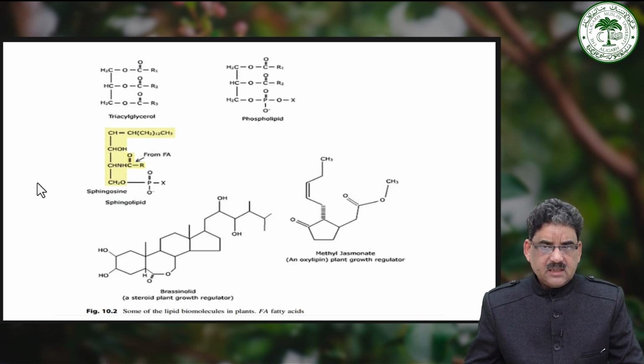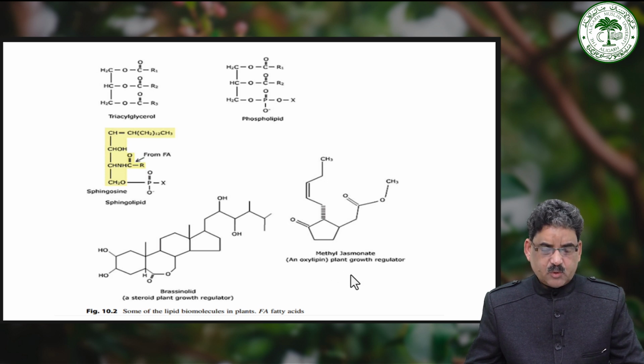As you can see here in the figure, the sources of the lipid molecules in the plant might be triacylglycerol, phospholipid, a sphingolipid, brassinolide, as well as methyl jasmonate. In plants, brassinolide is one of the active members of the brassinosteroids, which are growth regulators steroid in nature.